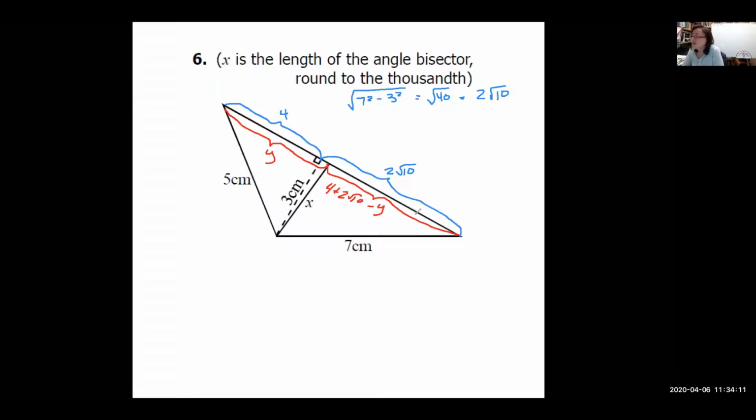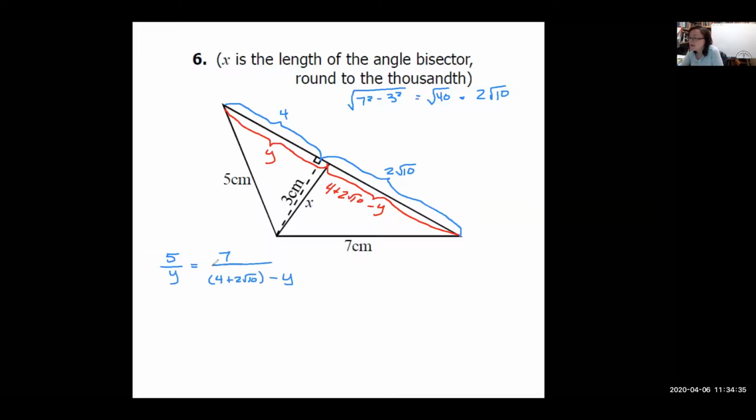So now I can set up my proportion. I can say that 5 is to y as 7 is to the quantity 4 plus 2 root 10 minus y.